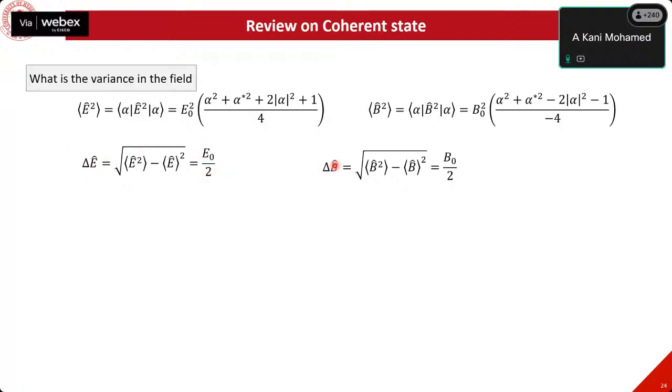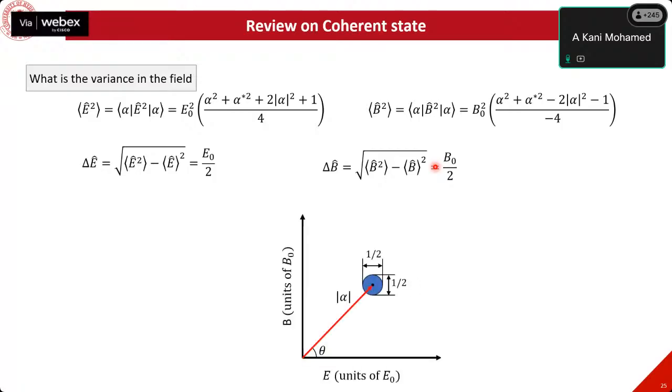The variance in the magnetic field turns out to be E naught by 2. So this is nothing but the variance for the ground state or the vacuum state of the electromagnetic field. So we say the coherent state is a minimal uncertainty state because the variance is minimized to the uncertainty that the ground state has.